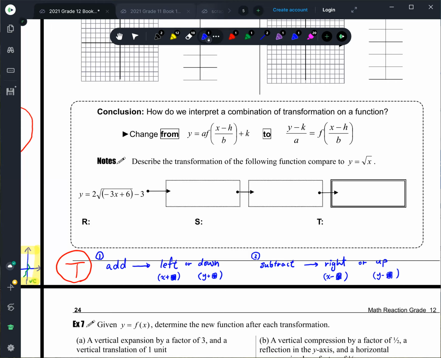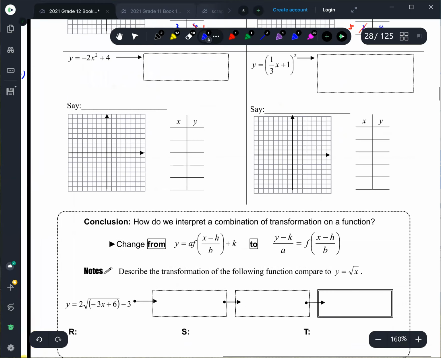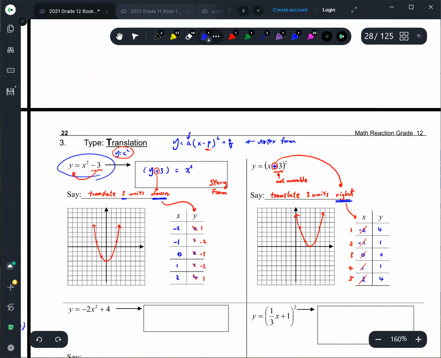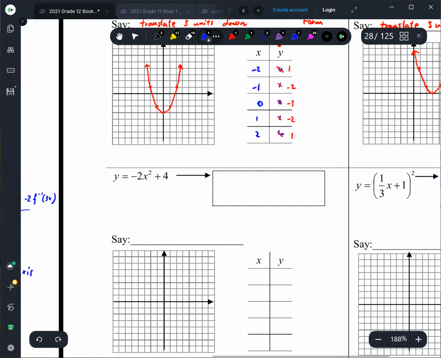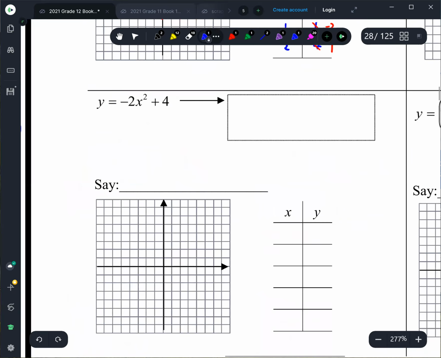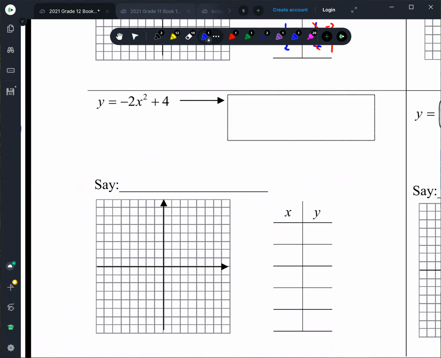Okay, so let's take a look at an example now, right? The common question is usually they will mix things up. So what you learned before, the reflection and stretching, is going to combine together. Usually at school, you'll get a question like that. There's no story form, right? You need to start writing out RST.